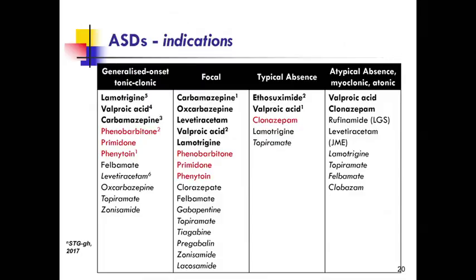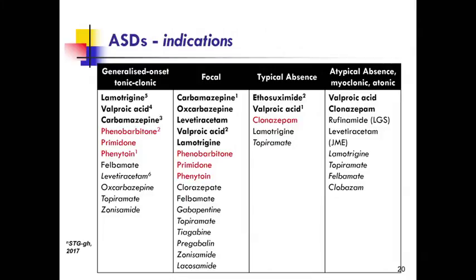Now, absence can be subdivided into typical or atypical. What I have shown you is typical absence. Occasionally, what I have shown you can be accompanied by motor manifestations, muscle twitching here and there, and that kind of thing. So that is called atypical absence. Atypical absence, myoclonic and atonic seizures tend to respond to similar agents.